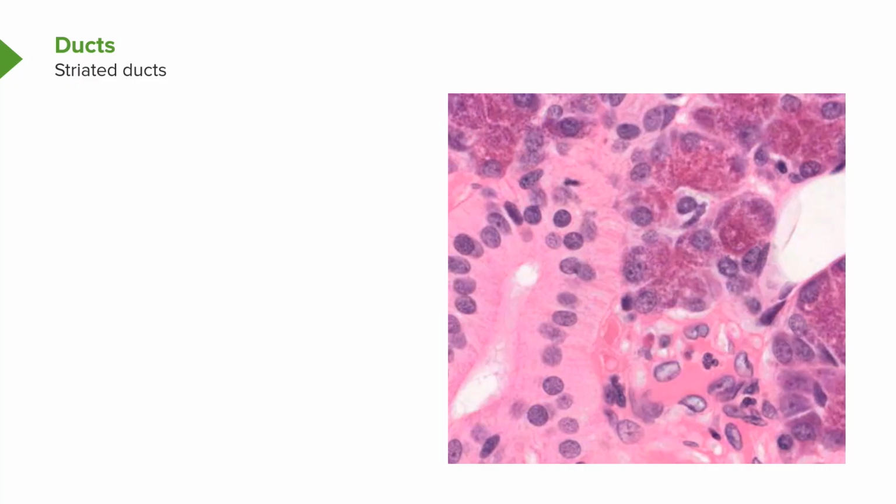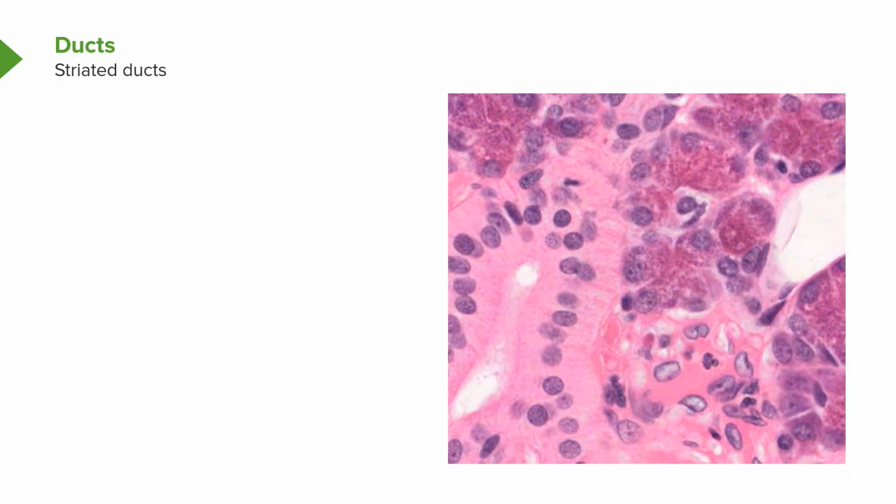This is a higher magnification, again through a protein secreting gland, showing striated ducts. Again, look at the tube on the left-hand side of the image. It's a striated duct. But have a look at the luminal area and then move your eyes and look at the basal area of this epithelium.